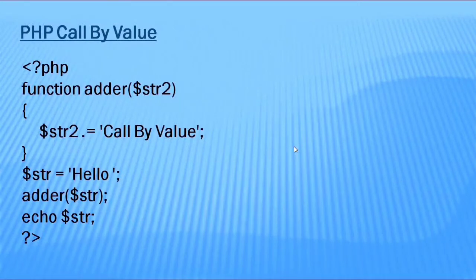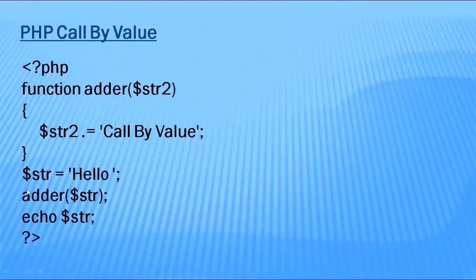Starting PHP code. The function name is adder. The variable is str2. str means string. Okay, this is one of the parameters. Next, the function opens. Next, str2 dot equal to means the concatenating assignment operator. This value is call by value. Okay, assign the value call by value. Next, close the function.